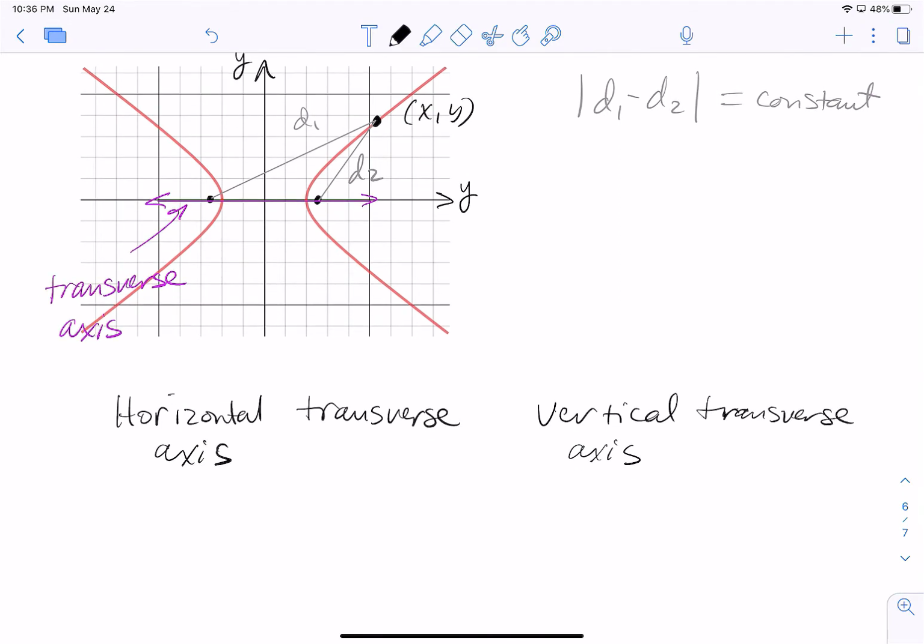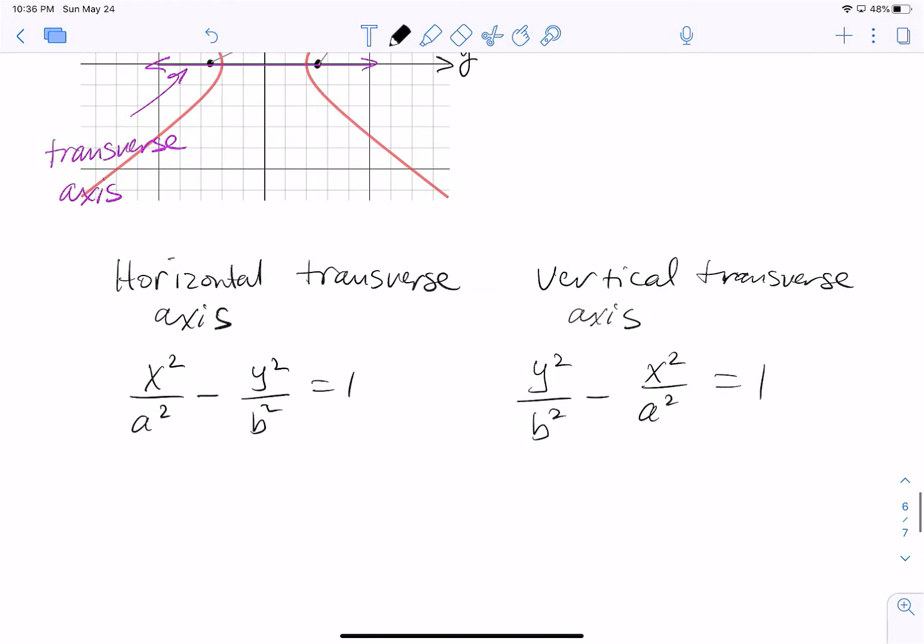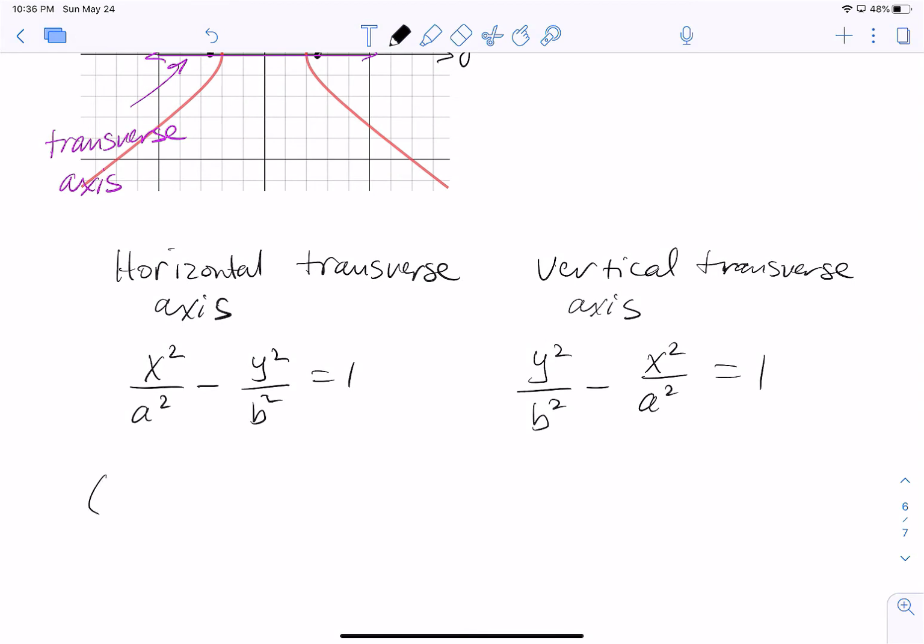A hyperbola that has a horizontal transverse axis would have an equation that looks like x squared over a squared minus y squared over b squared is equal to 1. In the case of a vertical transverse axis, we would see y squared over b squared minus x squared over a squared is equal to 1. These equations can also show that something's been translated by introducing h and k.